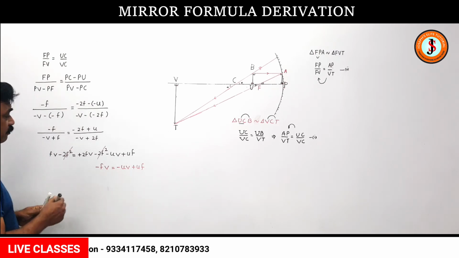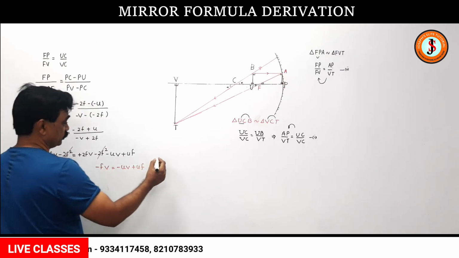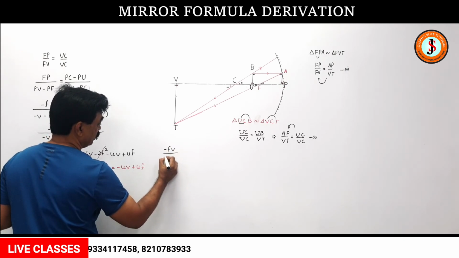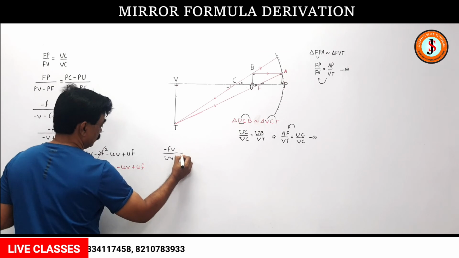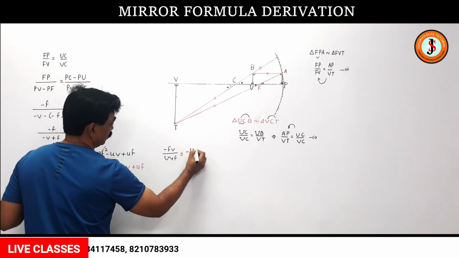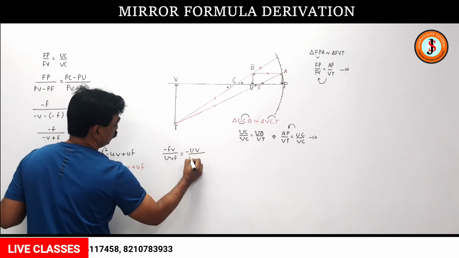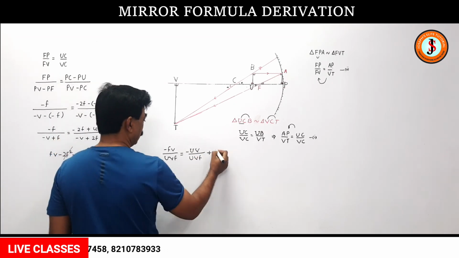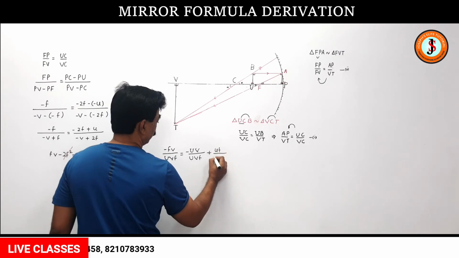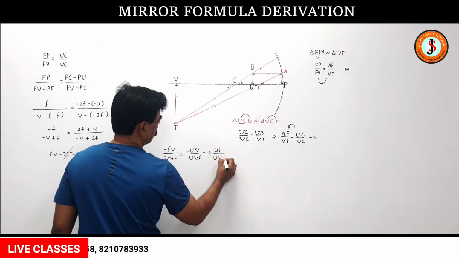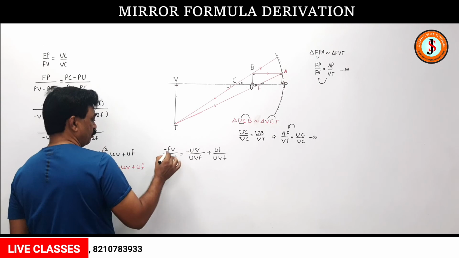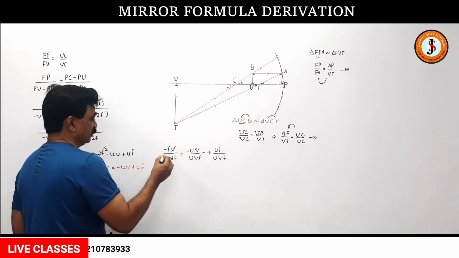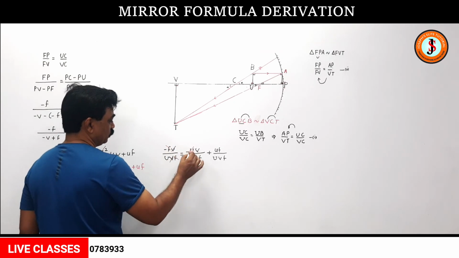So I divide everything by UVF. Minus FV divided by UVF is equal to minus UV divided by UVF plus UF divided by UVF. So what will happen? VV cancelled, FF cancelled, UU cancelled.